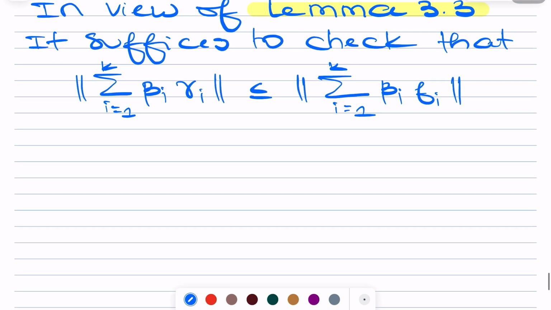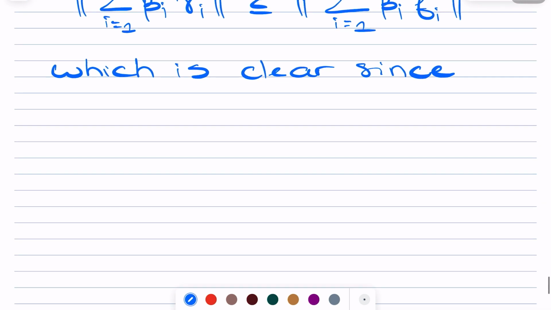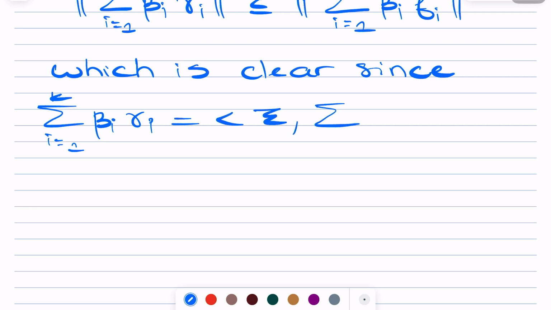But this is actually clear, since we don't even have anything to prove, which is clear since the summation of beta i gamma i, i from 1 to k, is equal, by definition, to xi applied to the summation of beta i fi, i from 1 to k.